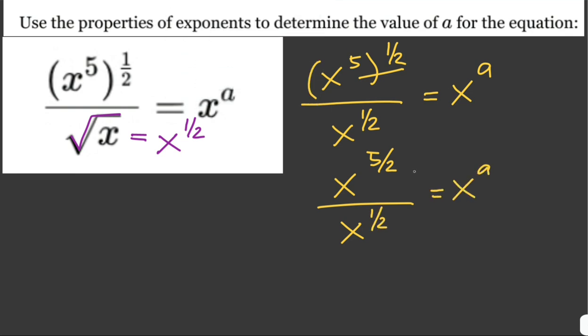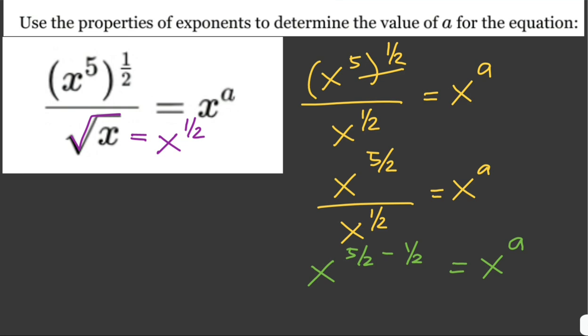And we can apply the division rule for that one. So our equation would become x to the 5/2 minus 1/2 equals x to the a. Since all the terms have the same base, for division rule, we just have to subtract the exponents of the numerator and denominator.